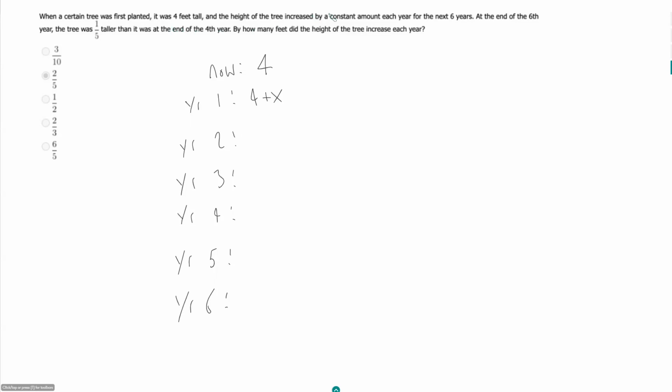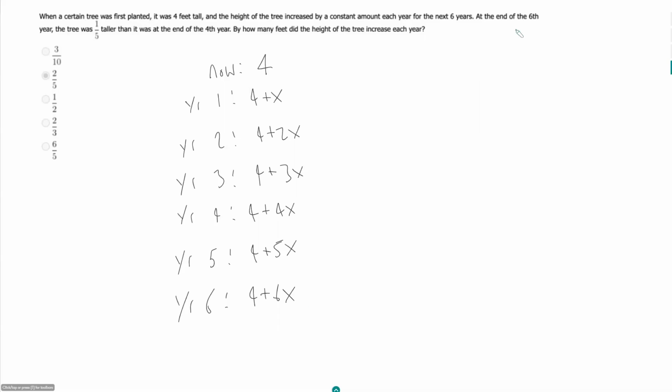If it grew by a constant amount each year, it grows x each year. So it should be 4 plus 2x at the end of year 2, 4 plus 3x at the end of year 3, 4 plus 4x at the end of year 4, 4 plus 5x at the end of year 5, 4 plus 6x at the end of year 6.